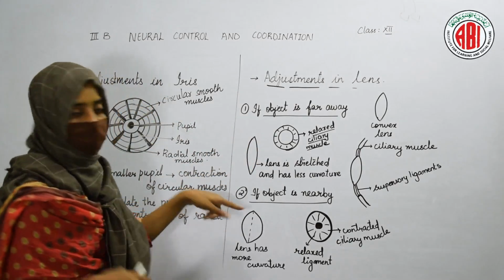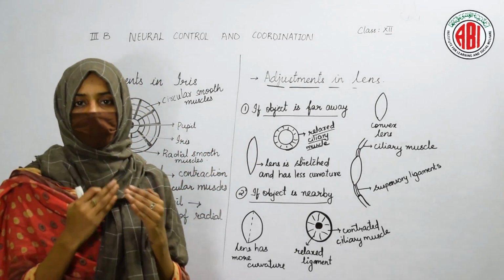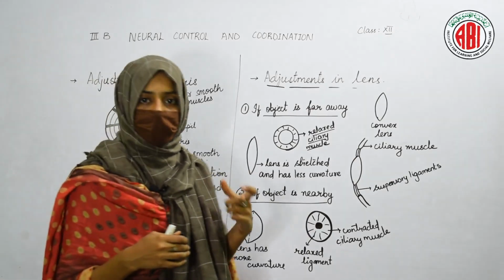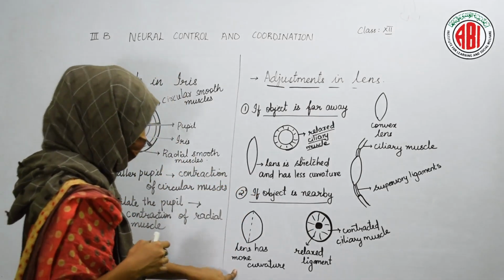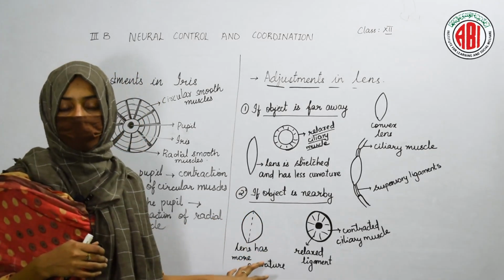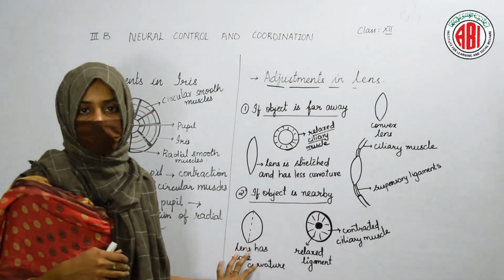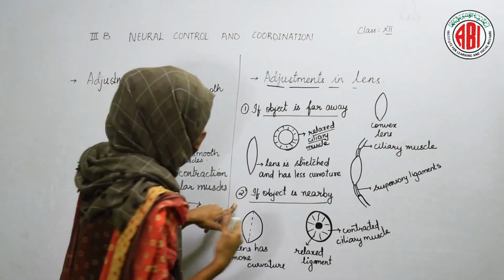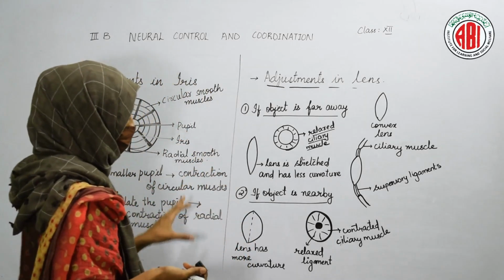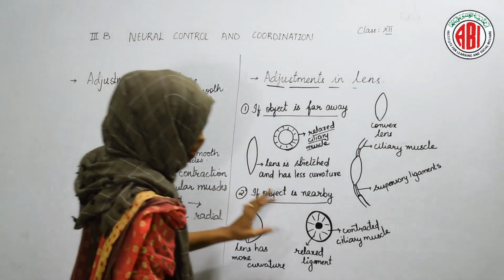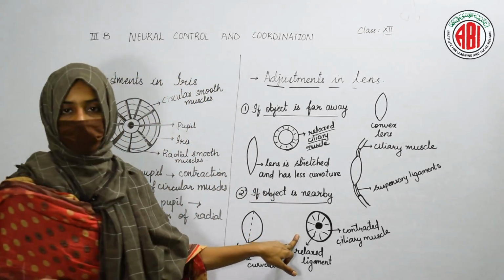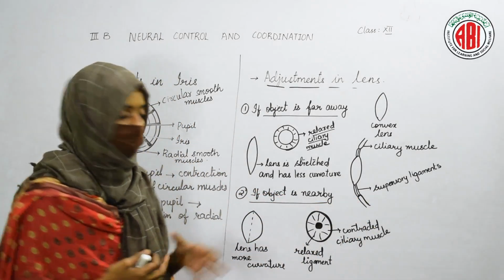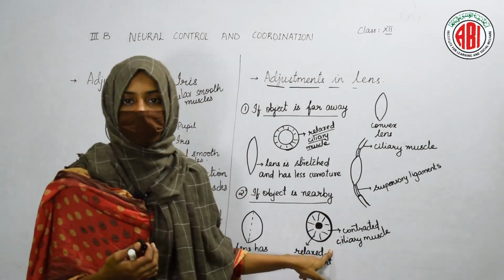In case 2, if the object is very nearby and you are trying to see it, then the lens increases its curvature. The curvature of the lens becomes more, and the lens has more curvature in case 2 when the object is kept nearby. In this case, the suspensory ligaments get relaxed due to the contraction of the ciliary muscles.